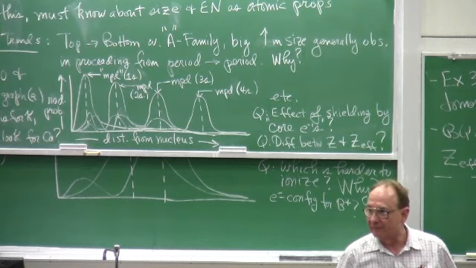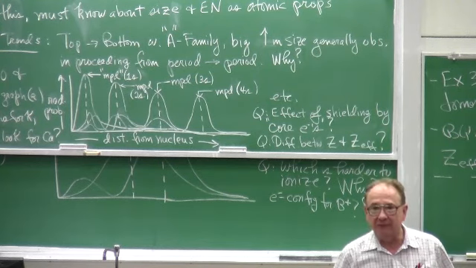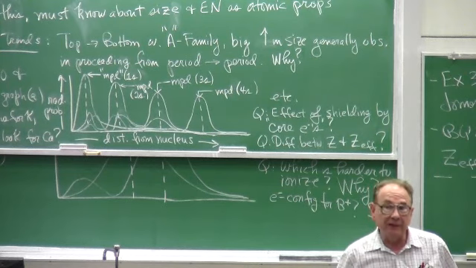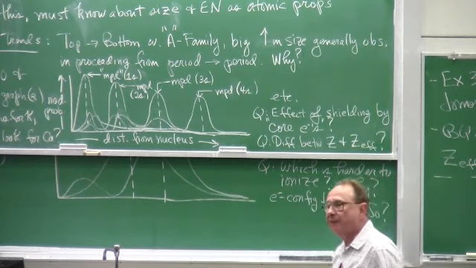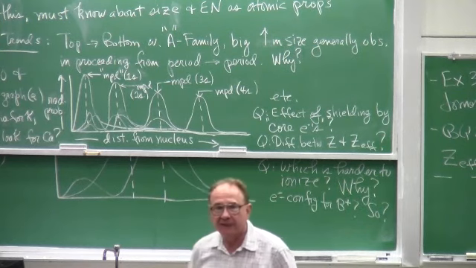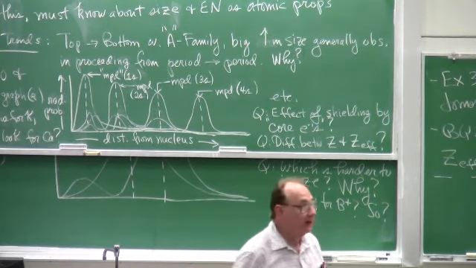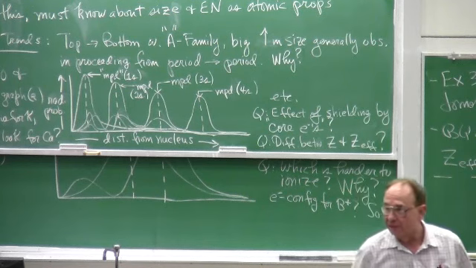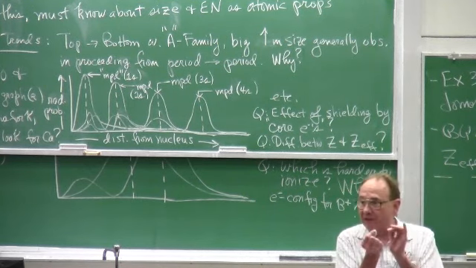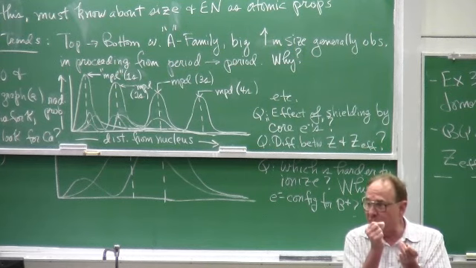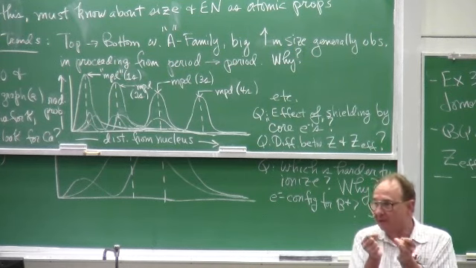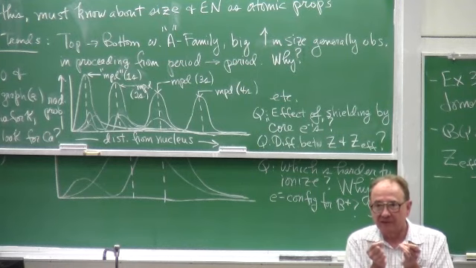Helium. 2 protons in the nucleus, 2 electrons. So when we get to helium, we have something, electrically speaking, that we don't have for the hydrogen atom. It's called repulsion. Because these 2 electrons, which live in the same orbital, 1s orbital specifically for helium, they have the same electric charge.